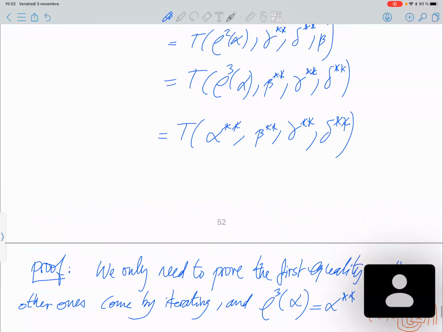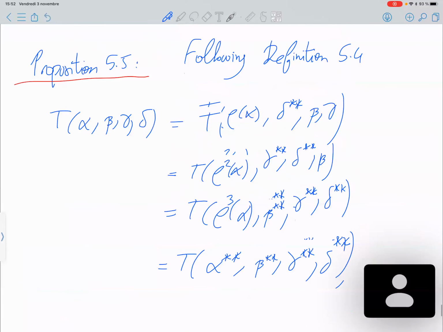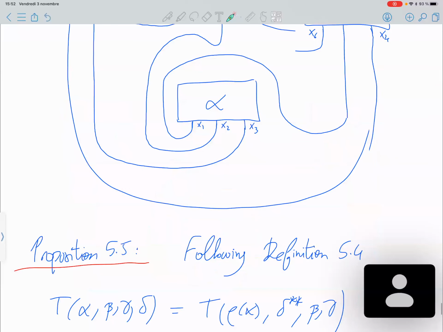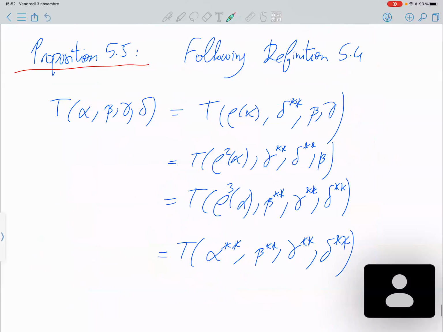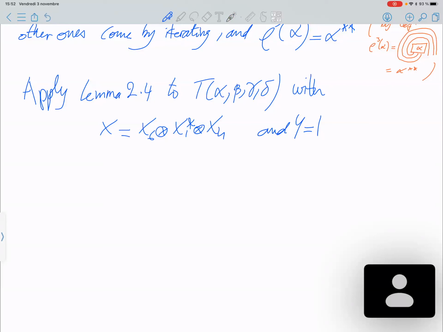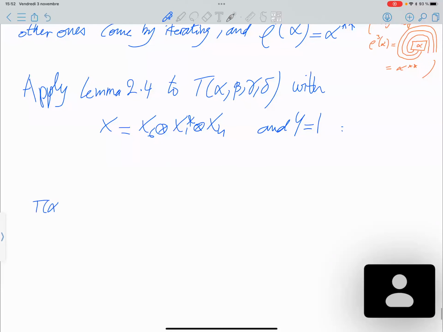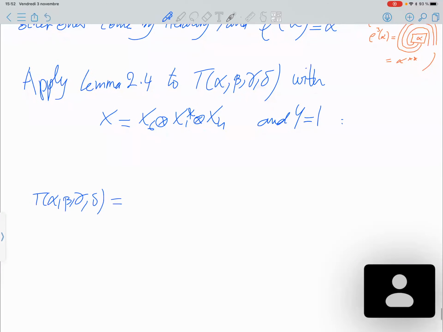So you immediately get that T of alpha, beta, gamma, delta is exactly the same picture as before, but with the delta on the left and the double dual.